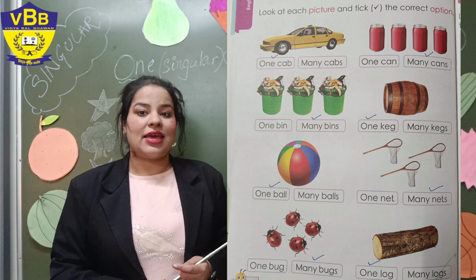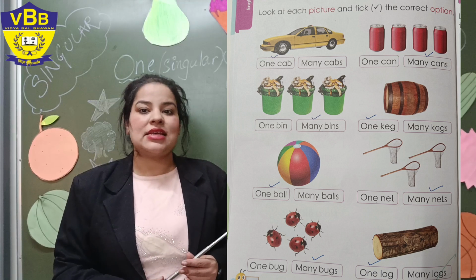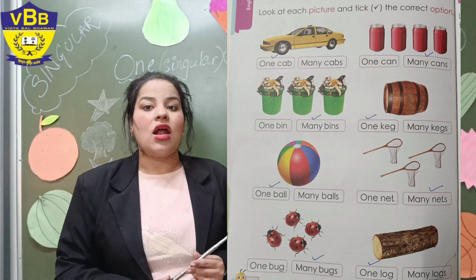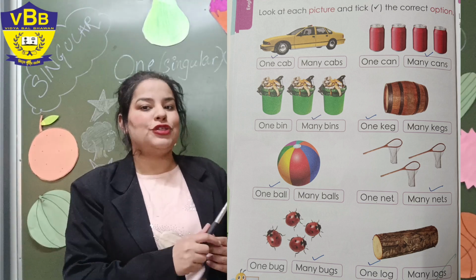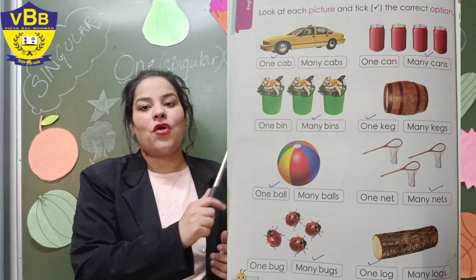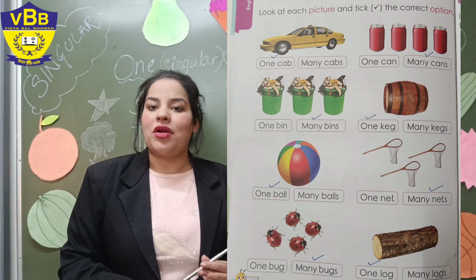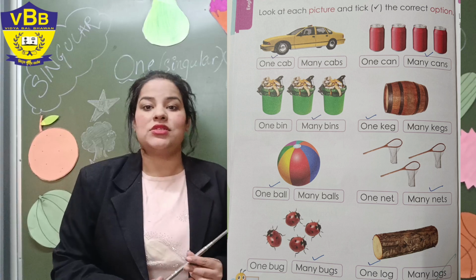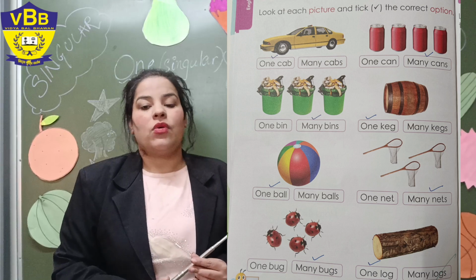The next one, which picture is this? This is cans. And how many cans are there? Let's count. 1, 2, 3, 4. These are 4 cans. Children, this is more than one object, so we use many for this.